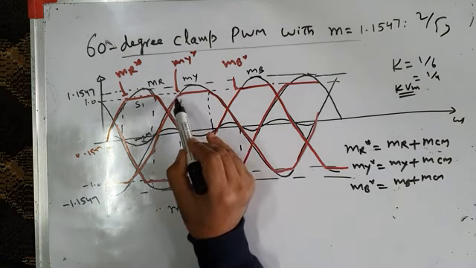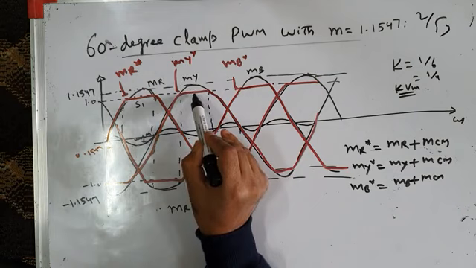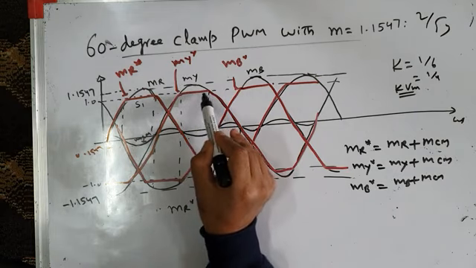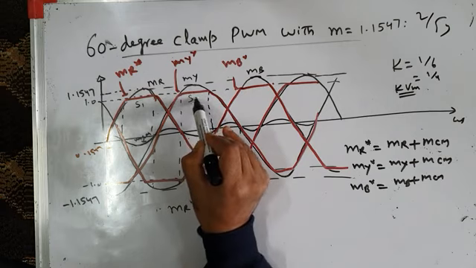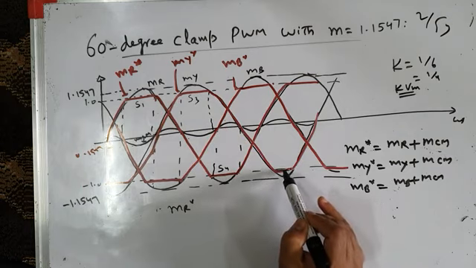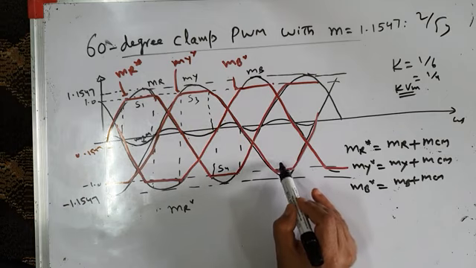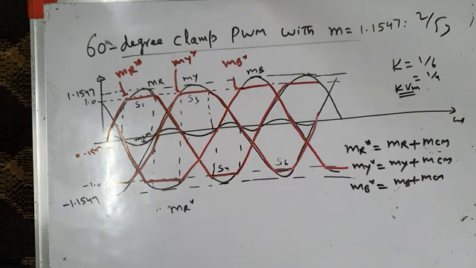Similarly, my modified modulating wave MY star is like this. So it clamps the Y phase to positive DC bus over this 60-degree interval, or Y phase ka top switch jo hai, that will be on during this period. And what is top switch? S3. And over this 60-degree interval, it clamps phase leg Y to negative DC bus, or bottom switch S6 will be on over this 60-degree interval.